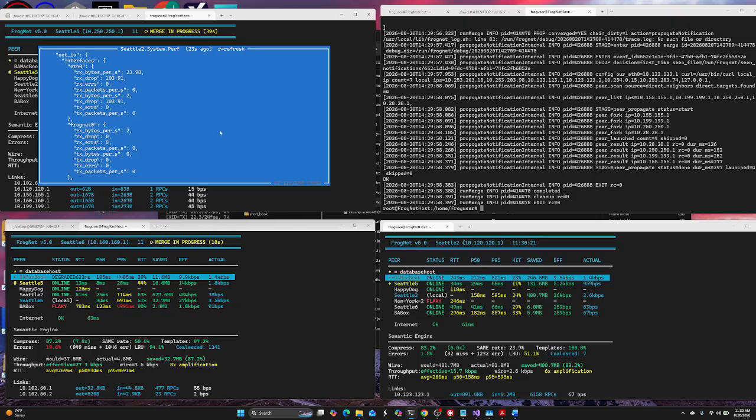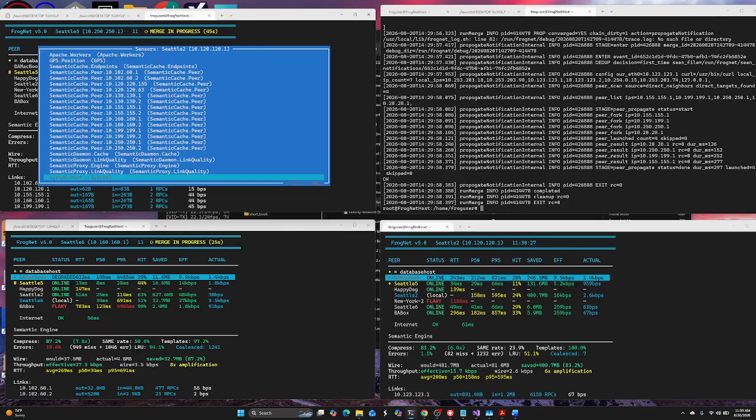A producer is writing these JSON bags out to FrogNet memory, and it's writing them in terms of the tuple: a sensor type, the sensor name, and the sensor address, and then the data is the JSON bag that goes with it.